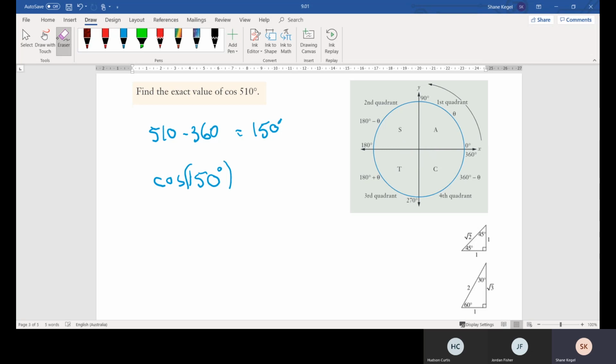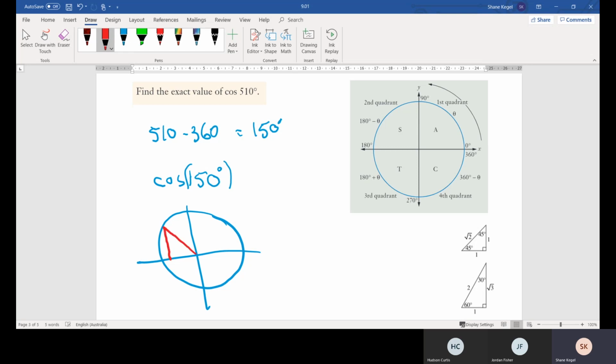Okay, so what I do usually at the start of every question is I draw my unit circle. So this is my unit circle here. 150 degrees, I know happens somewhere in this quadrant. I put my all stations to central on, which tells me that sine is the only positive value in this quadrant.